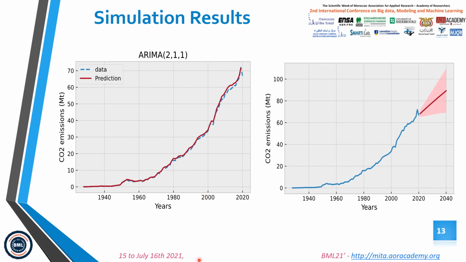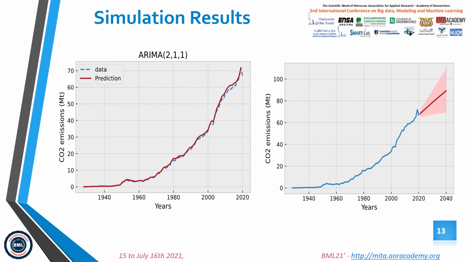They show the extent of convergence of the estimated model with the realistic data. The result in the figure on the right of the slide shows that by 2040 the annual CO2 emission would continue to grow, between 69 megatons and 109 megatons.